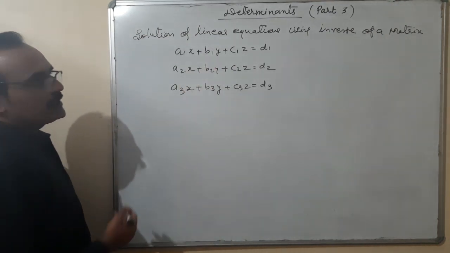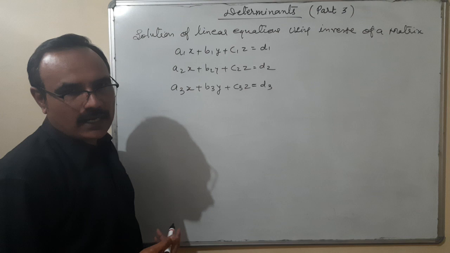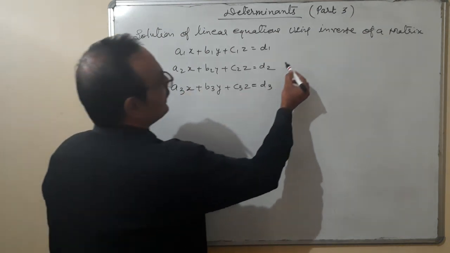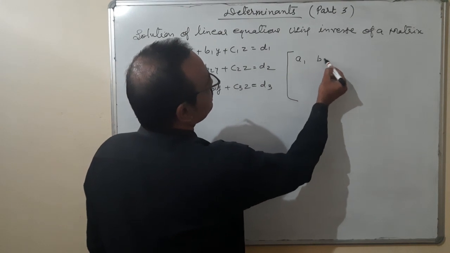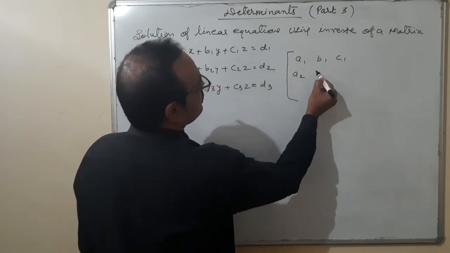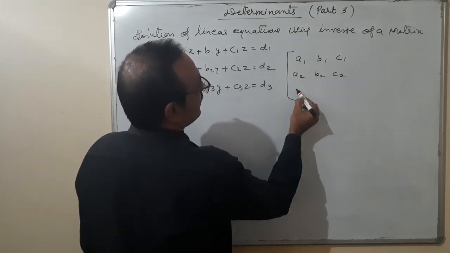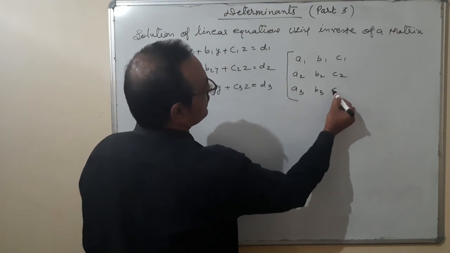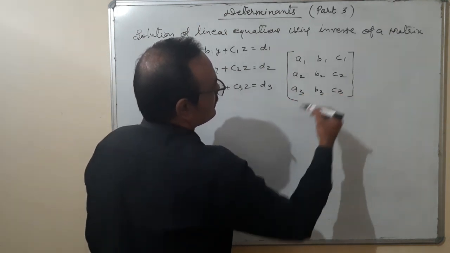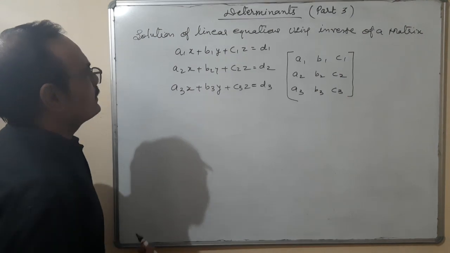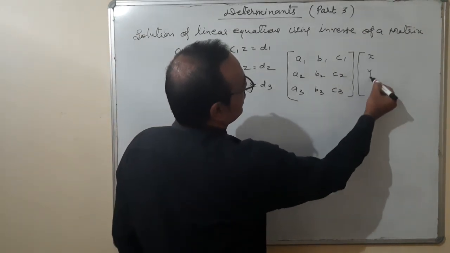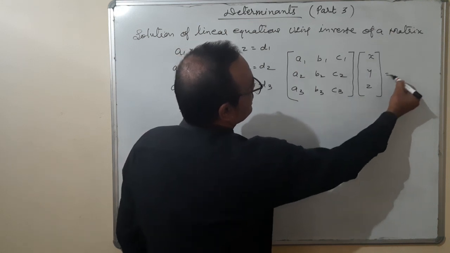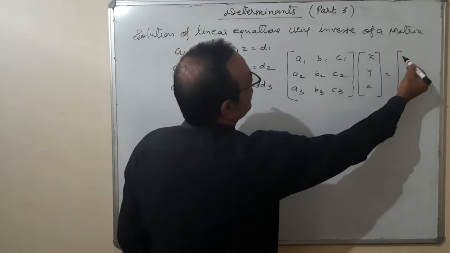If I want to convert these equations into matrix form, I write a1 b1 c1, a2 b2 c2, and a3 b3 c3. These are the coefficients of x, y and z. The variables are x, y, z, so I write x, y, z, and this is equal to the constant terms d1, d2, d3.